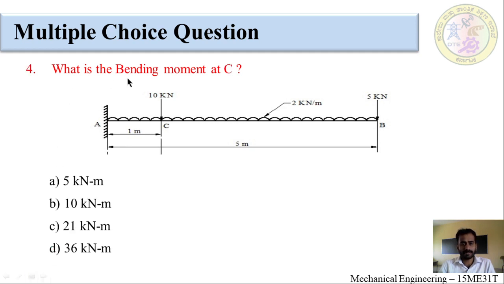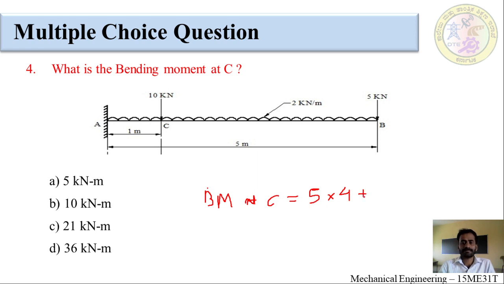Next, the fourth question, what is the bending moment at C? To calculate the bending moment at C, it is equal to this 5 kilonewton load into the distance from C to this load, which is 4 meters, 5 into 4.